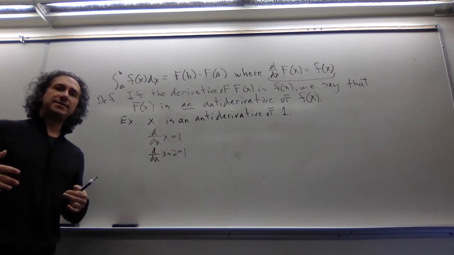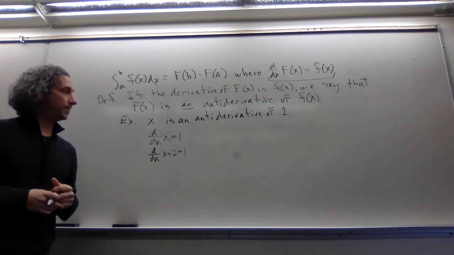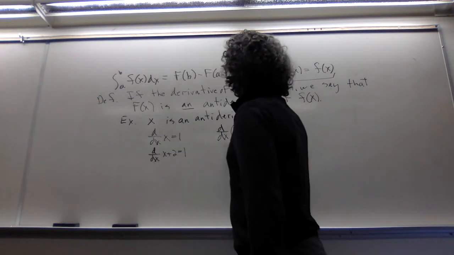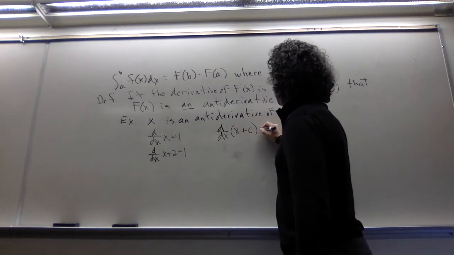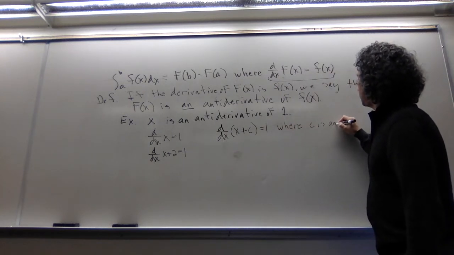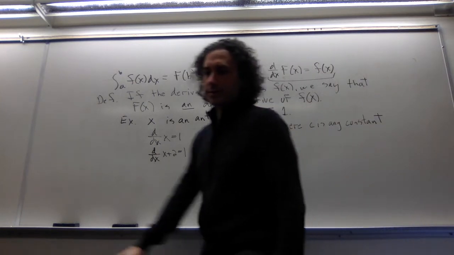But if I add a constant and I take a derivative of that sum, the constant's going to go away. So in other words, the derivative of x plus c, where c is any constant, would work.